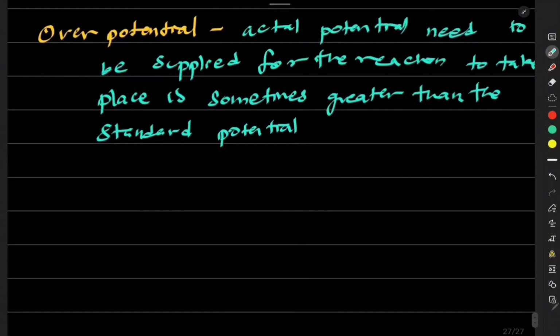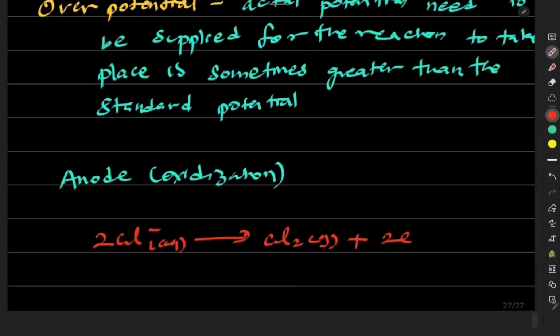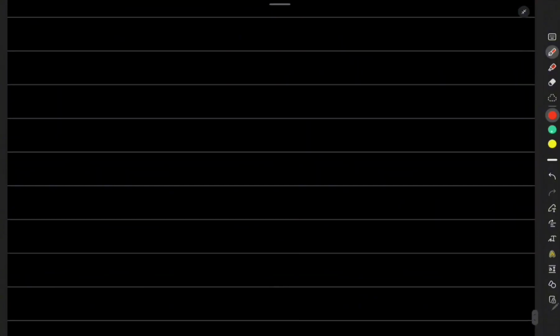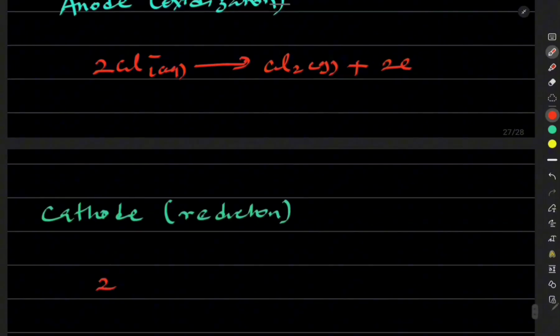Now let's look at the reactions here. Anode reaction undergoes oxidation, and the reaction is 2Cl minus aqueous forms Cl2 gas plus 2 electrons, and the cathode reaction undergoes reduction, and the reaction is 2H2O liquid plus 2 electrons form H2 gas plus 2OH minus aqueous.